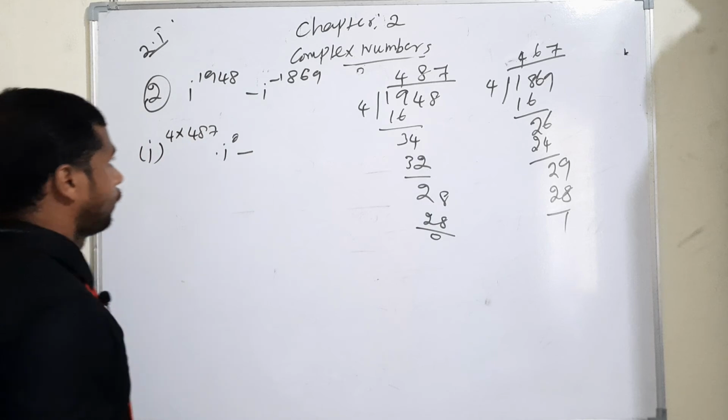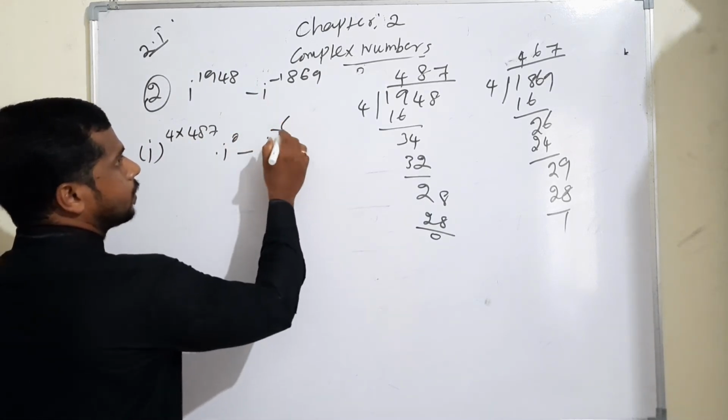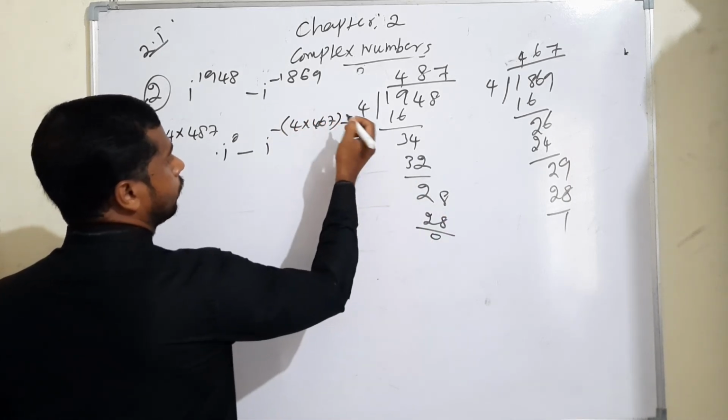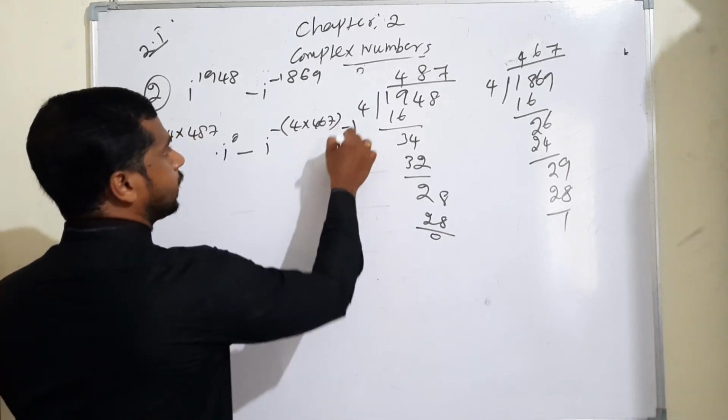So again how to write now? Minus of i into, then the minus sign is there, minus into 4 into 467. Last condition, also we can write i to the power minus 1, isn't it?